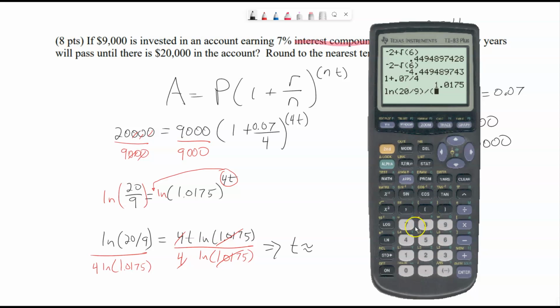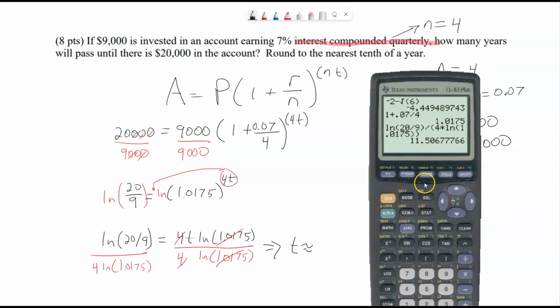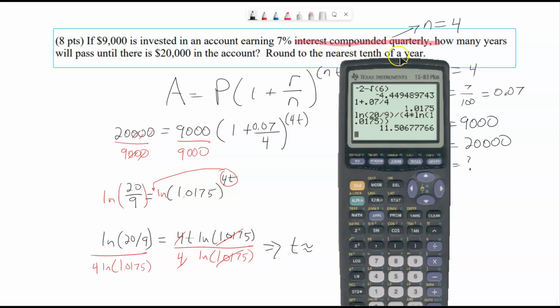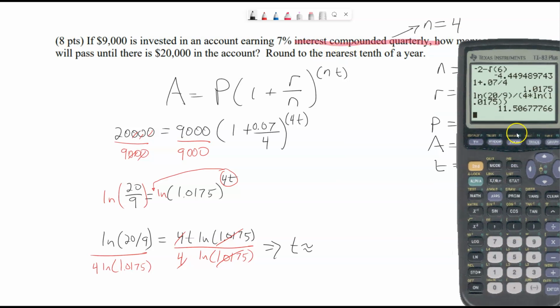So we need to put a parenthesis around the denominator so that this multiplication happens before the division is attempted by our calculator. So again, this parenthesis and this parenthesis, the denominator is in a set of parentheses to keep it all in the denominator. Enter, rounded to the nearest tenth of a year, we're looking at 11.5 years.